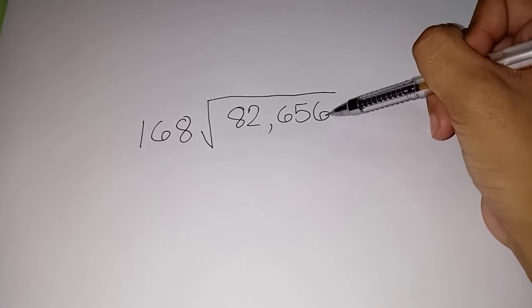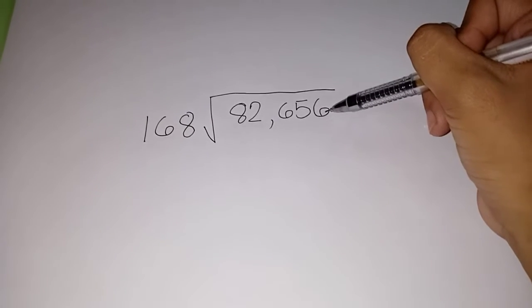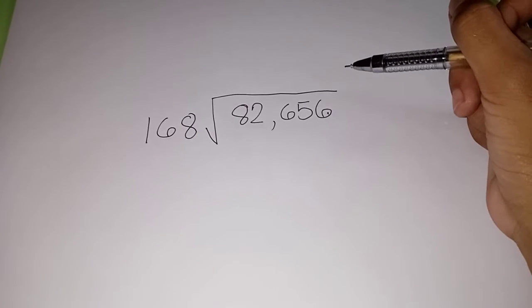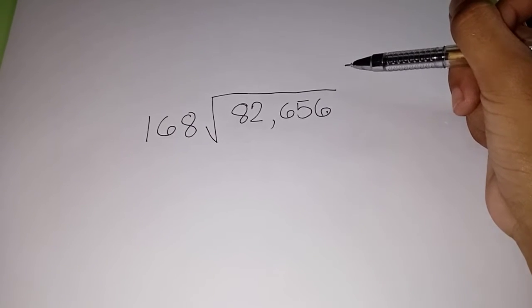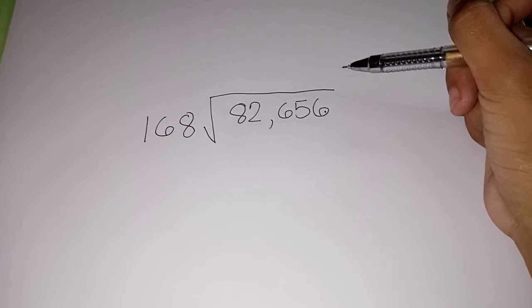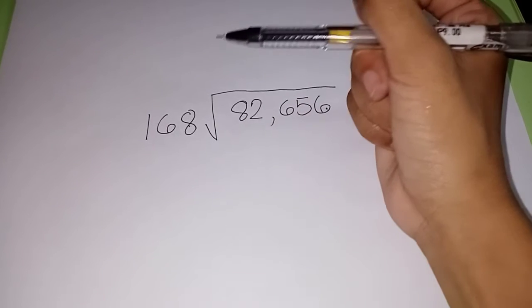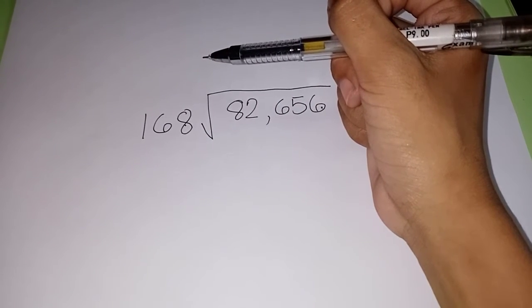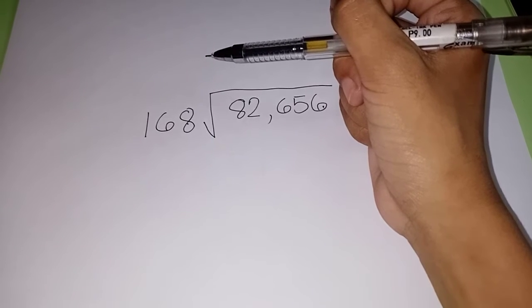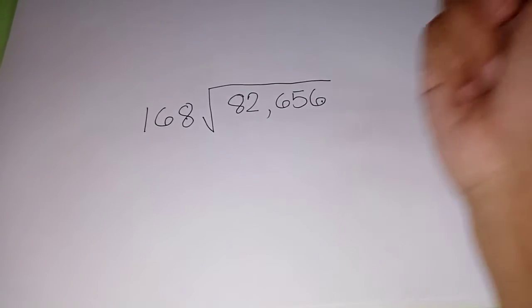So this is what we call the dividend. It means that this is the number which is to be divided. While this one, this is what we call the divisor. It is the number by which the dividend is being divided.